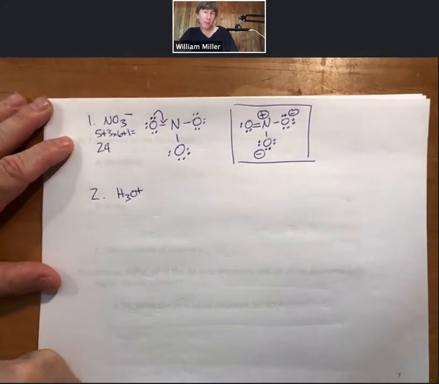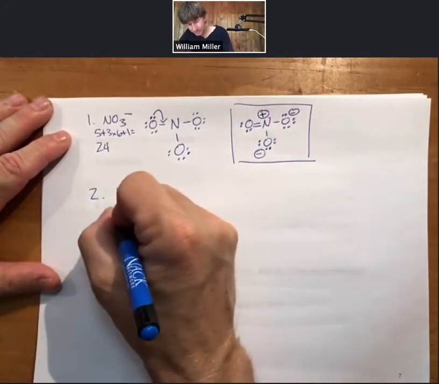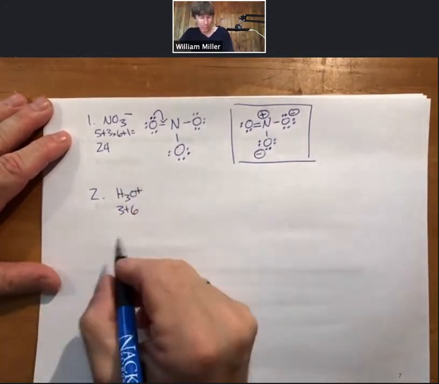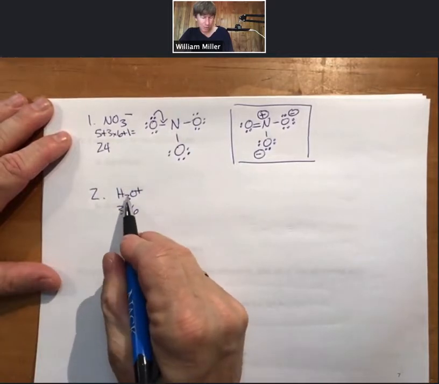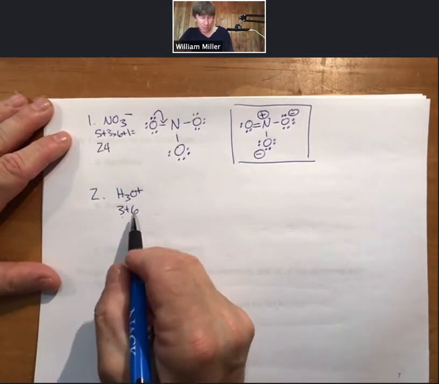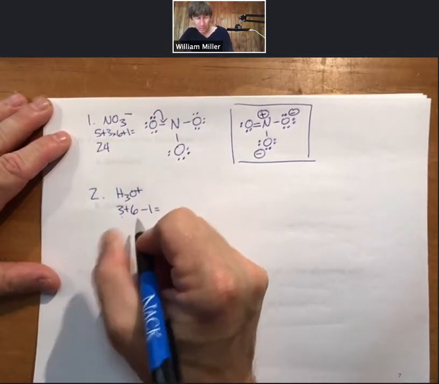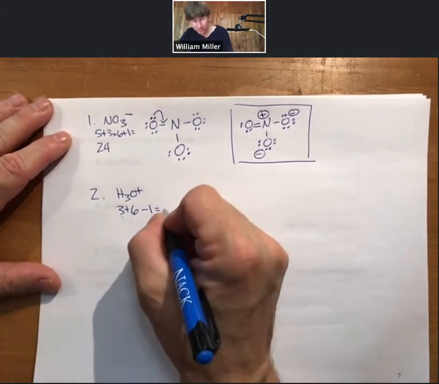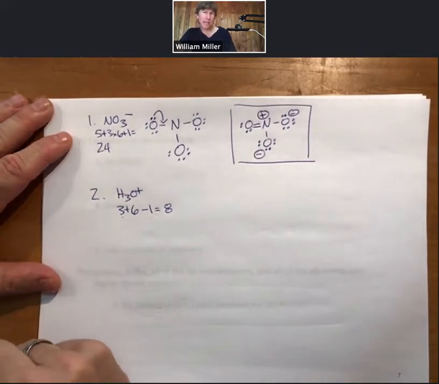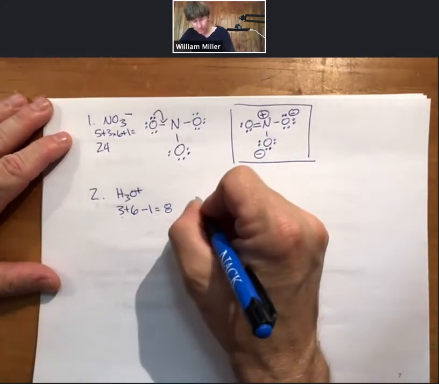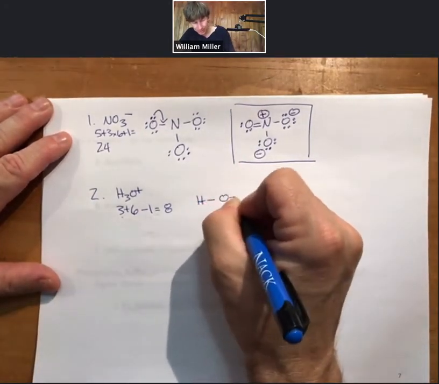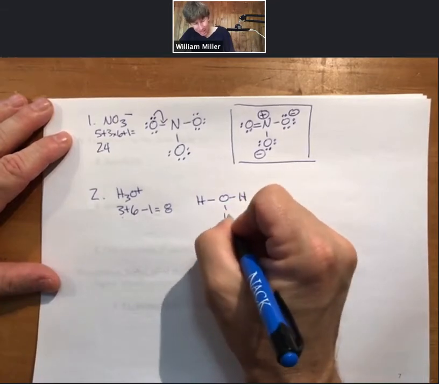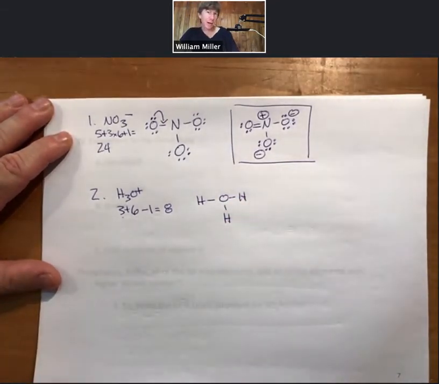Let's do H3O plus. We have 3 for the 3 hydrogens, 6 for the oxygen. A positive charge means take 1 electron away. We end up with 8 electrons. Hydrogens cannot be in the middle, so oxygen has to be in the middle.